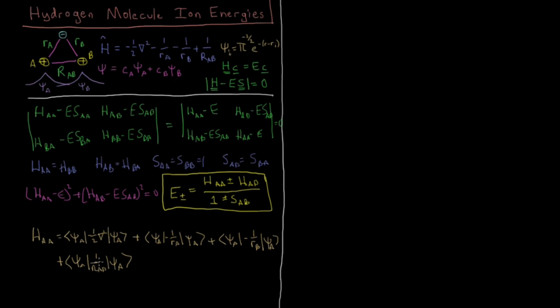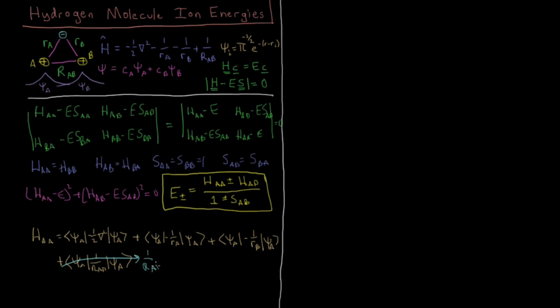This RAB doesn't have electronic coordinates in it, so it just factors out. Then we have the psi star A psi A integral, and that's 1 because this is normalized. So this simplifies to just becoming 1 over RAB.